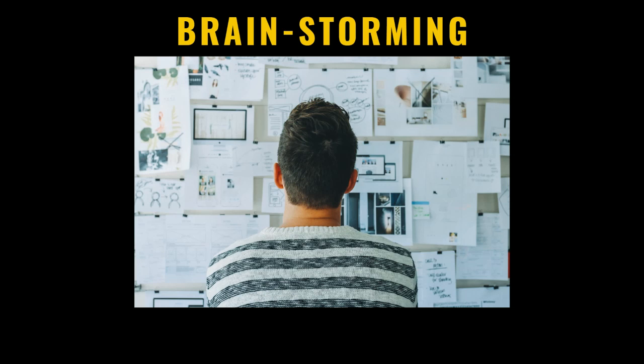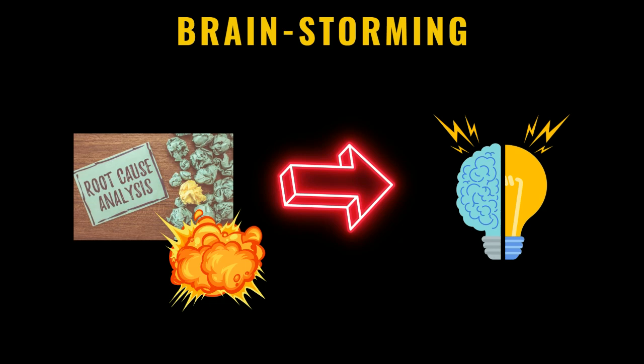It involves gathering a diverse group of individuals to generate a wide range of ideas on a specific topic or problem without judgment and criticism. I think that's key, to not create that judgment or criticism, and we'll talk about that as we go. Basically, brainstorming is where you take the root cause analysis and you start forming ideas on how you can solve the problem.